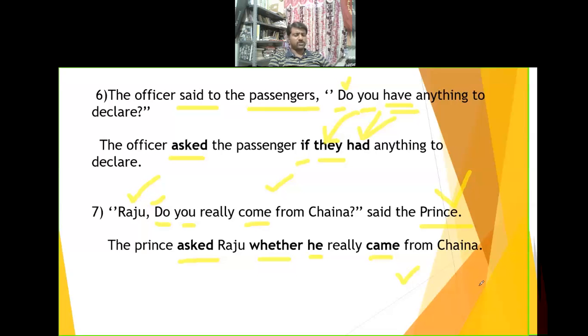And the second part you have to remember is that you have to use the reporting verb: asked, inquired, demanded, questioned, like this. Third point is very important. You have to interchange the subject and verb. When there is a do, you have to remove the do. There is no need to interchange that. When you remove this do, no problem. Subject and verb, no problem.